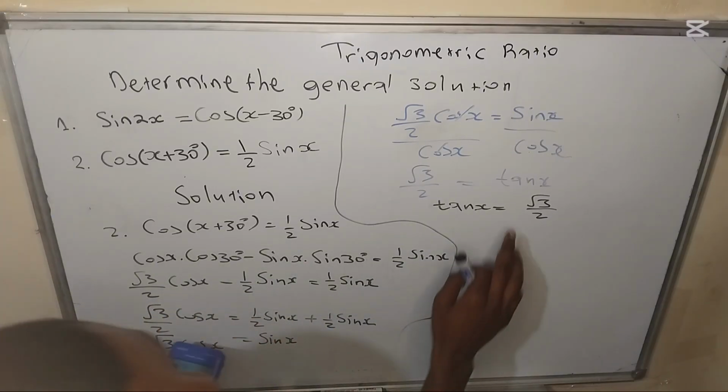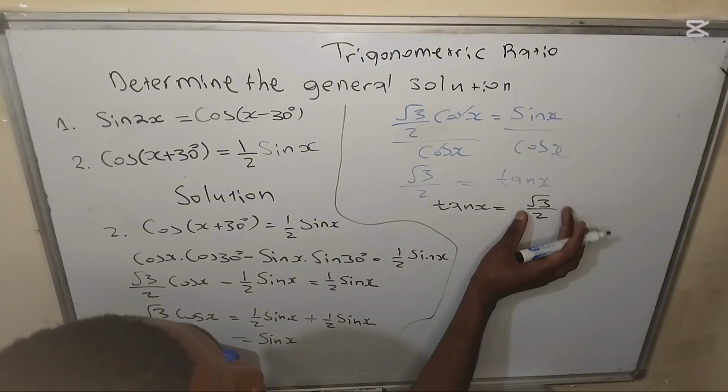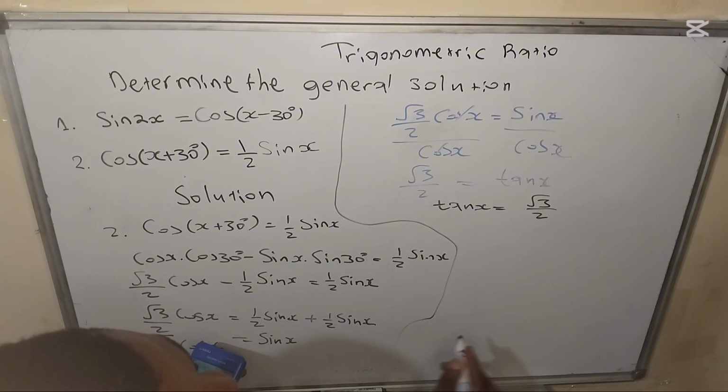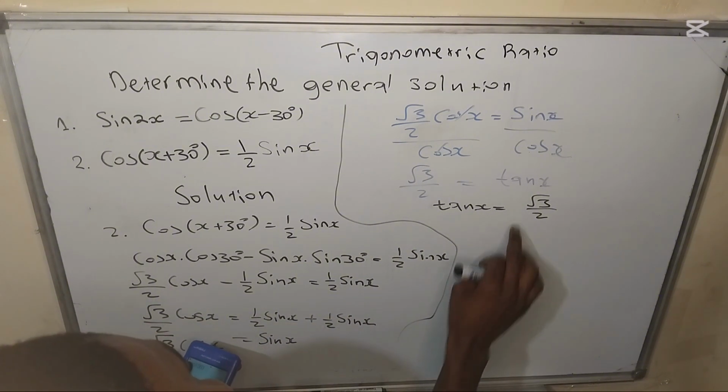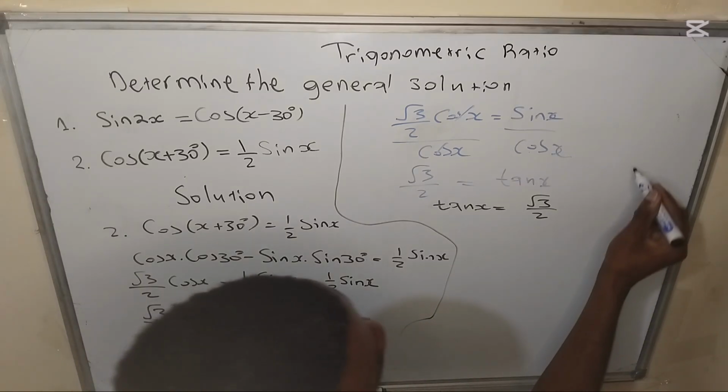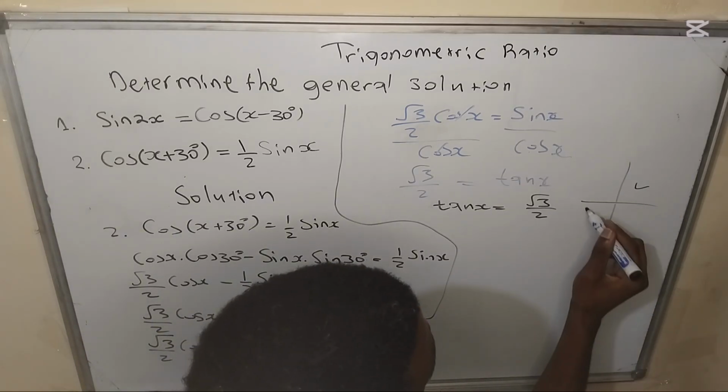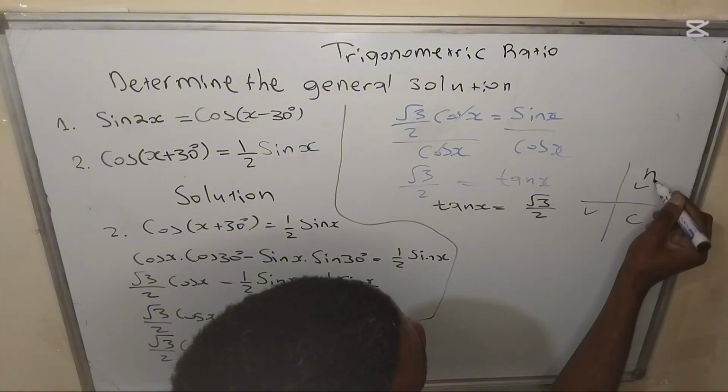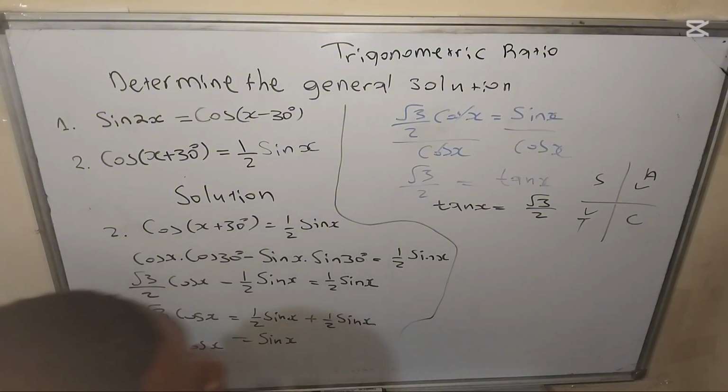As you can see guys, we have a positive root 3 over 2 for tan, meaning that we just need to focus on the quadrants where tan is positive. Tan is positive in the first quadrant and third quadrant, as per CAST.